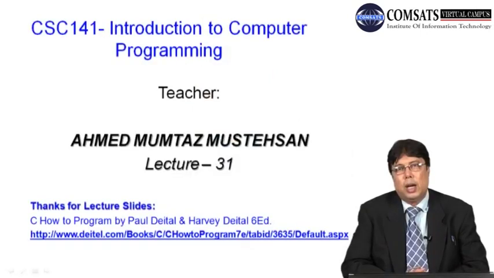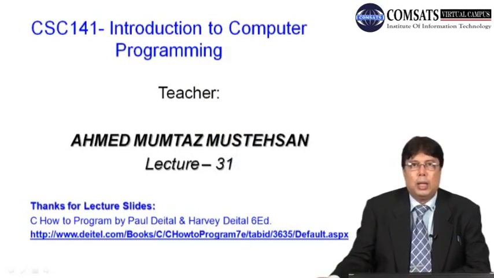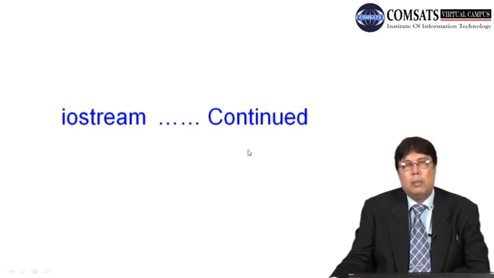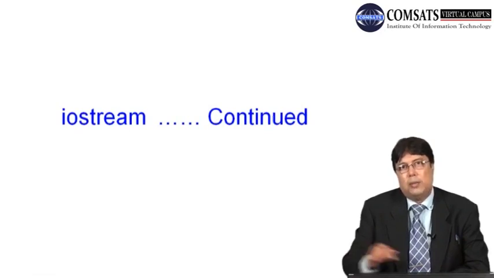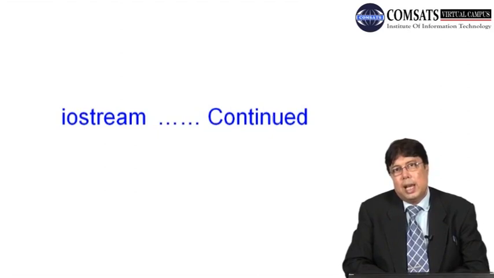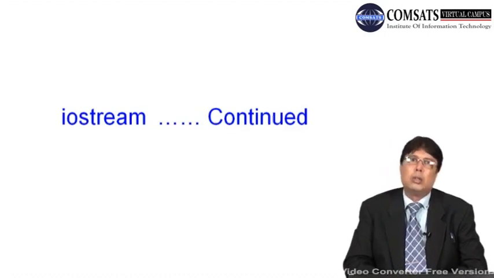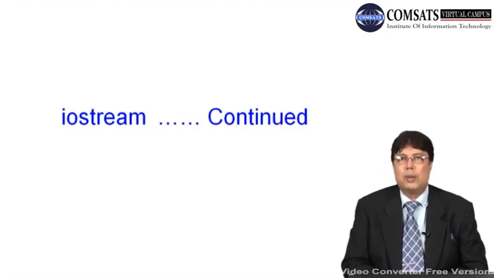Students, we are studying iostreams, and today I would like to complete that topic that was continued from the last lecture. So we have seen the iostream as an object, cin and cout objects, and I have introduced two more objects, which are cerr and clog. cerr is the unbuffered output, meaning whatever the error is, it is immediately printed onto the screen or wherever the console you have defined.